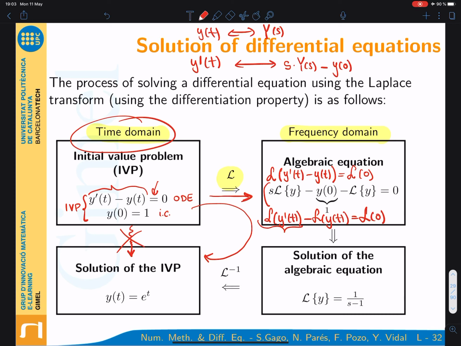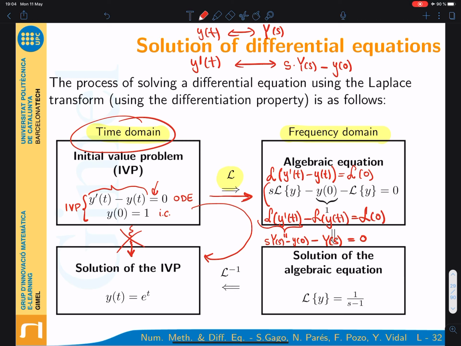So that's what we do here. The Laplace transform of y prime is s times capital Y of s minus y of 0, and then minus the Laplace transform of y, by convention capital Y of s, and this should be equal to the Laplace transform of 0, that is 0 by linearity, yeah?